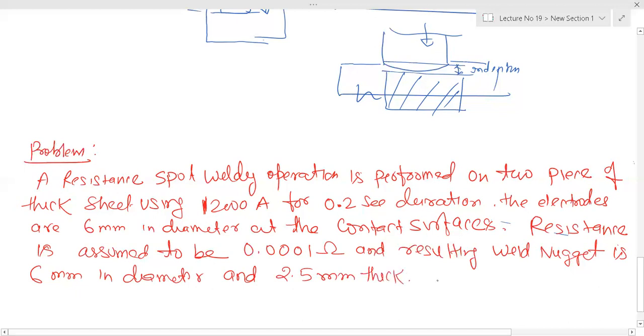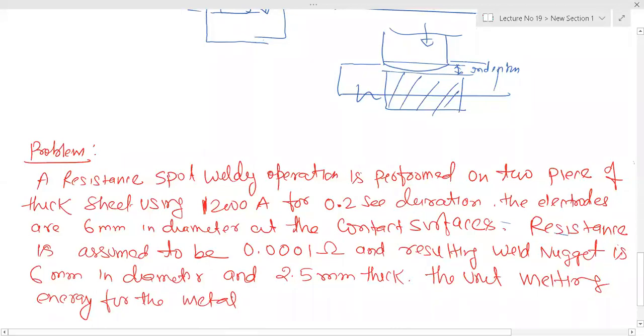The unit melting energy for the metal is 12 joule per millimeter cube.